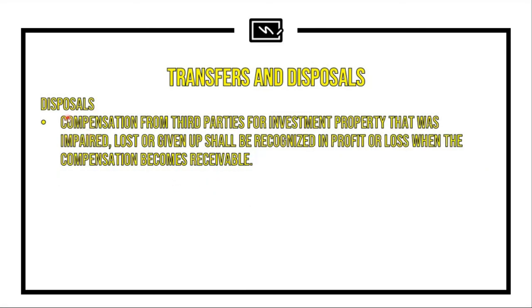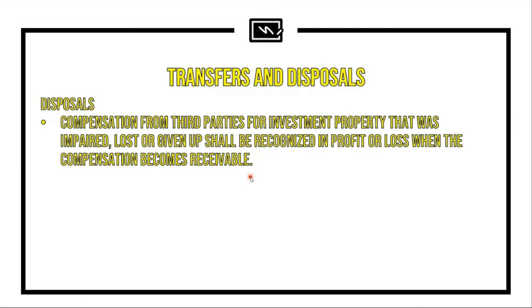In the case of disposals and there are compensations from third parties, the compensation from third parties for investment property that was impaired, lost, or given up shall be recognized in profit or loss when the compensation becomes receivable. In other words, in the case of disposal and there are losses, do not offset the amount of compensation to the loss.